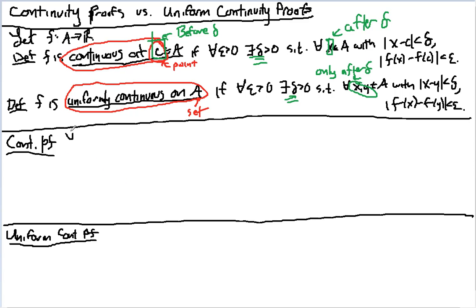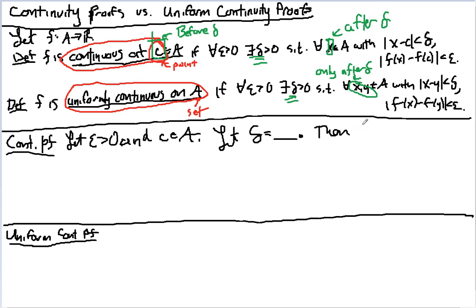So a generic continuity proof would be: let epsilon be bigger than 0. I'm not actually proving anything, I'm just giving a general form. And c belong to the domain. That's basically your first step for a continuity proof. Then you might say let delta equal whatever actually works.